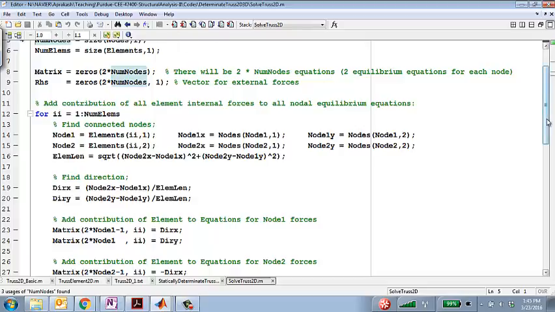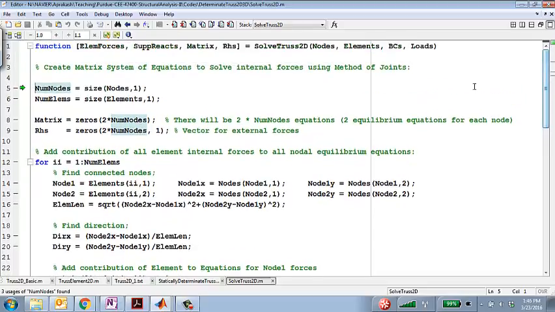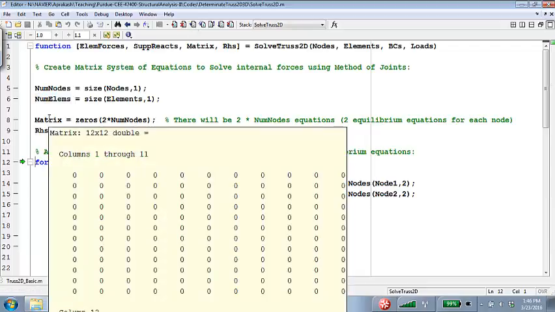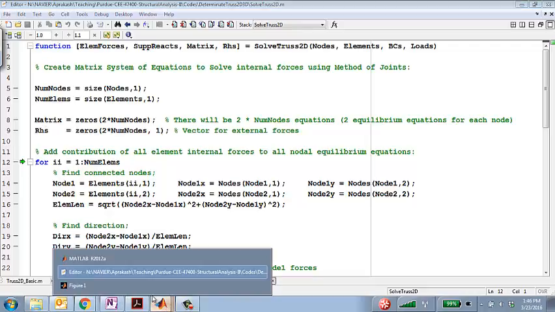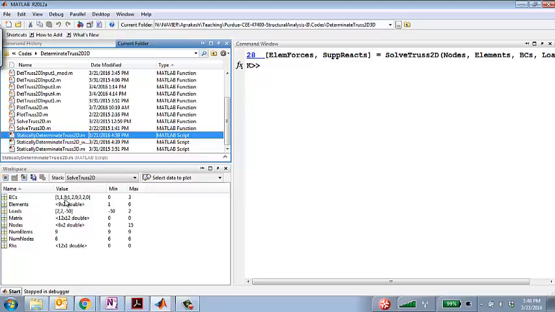So once you are within this function, click on this step button. So this is step F10. What this means is that I'm going to be executing one line at a time, and as I execute them, I can see what are the values of these matrices and right-hand side vectors. These values would also be stored in the MATLAB workspace.